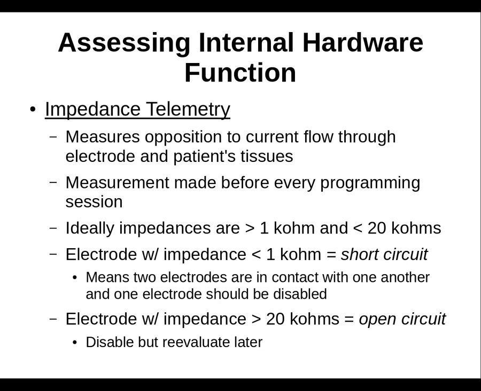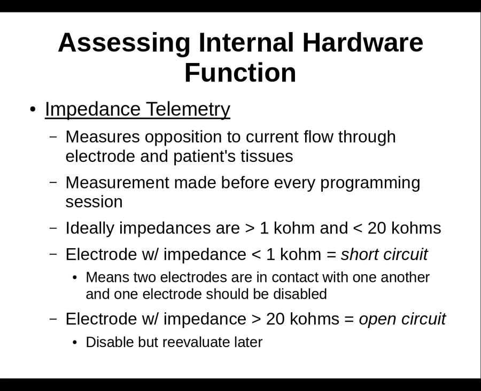The inverse of that, where the electrode impedance is very, very high, greater than 20 kiloohms, would be referred to as an open circuit. That might be because of, say, ossification in the cochlea, maybe some kind of a common cavity. So there are other issues where the impedance may be abnormally high. But depending on the situation, that impedance may get lower over time.